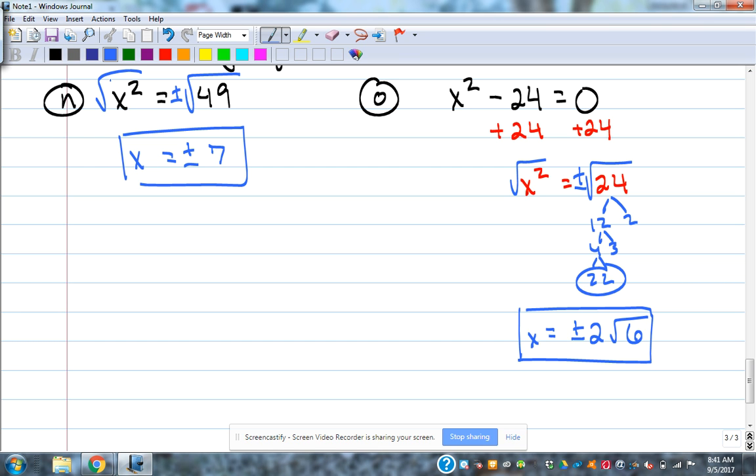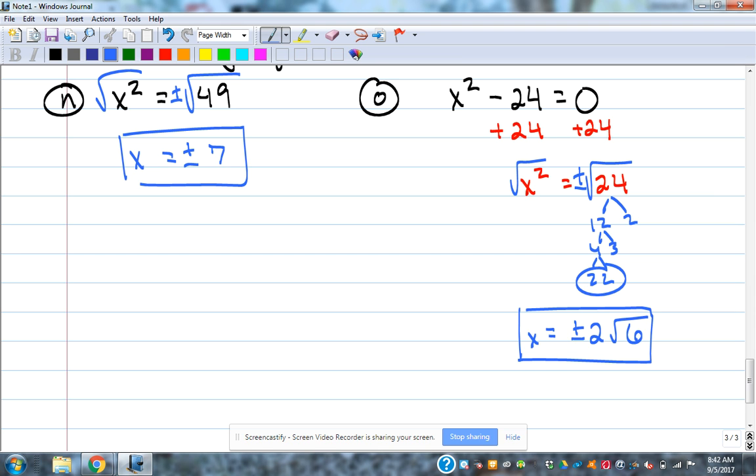And how would we get a decimal approximation of that? Type it in your calculator. 2 square root of 6 or square root of 24. It's going to be the same number. So if you needed a decimal approximation, it's just a calculator punch away. We're going for the exact solutions here because that's what we want.